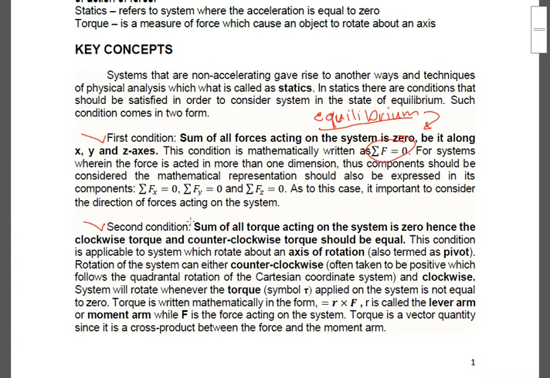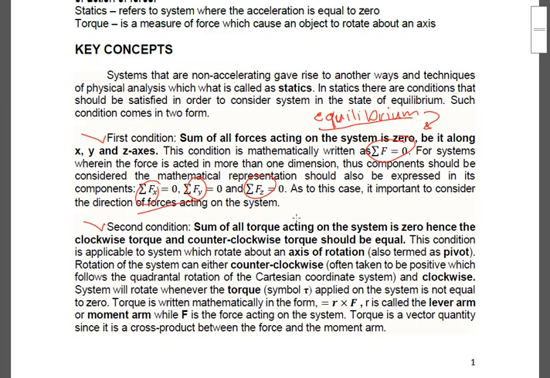For the first condition, you take the sum of all forces acting on the system along x, then along y, then along z. But in most cases you are going to have two dimensions, the x and y axes, so z will be the higher one.